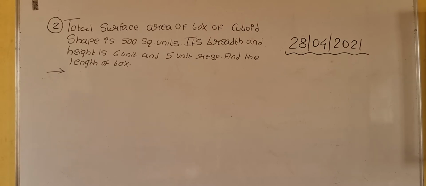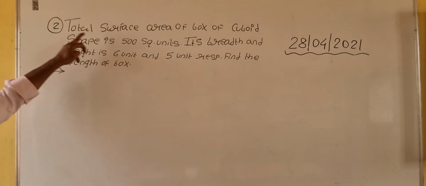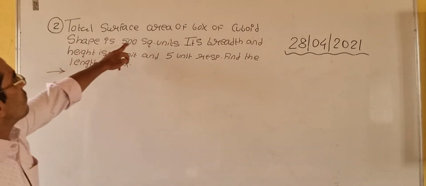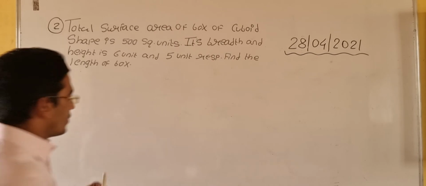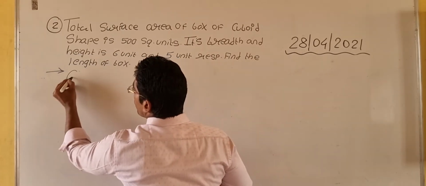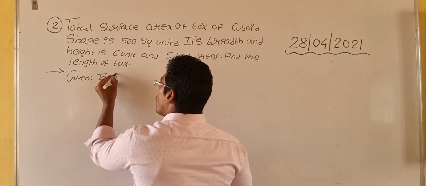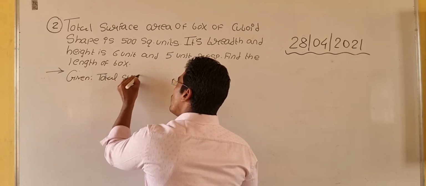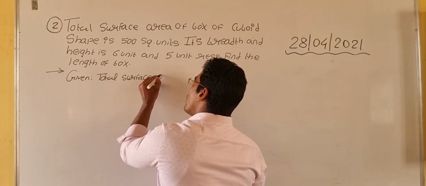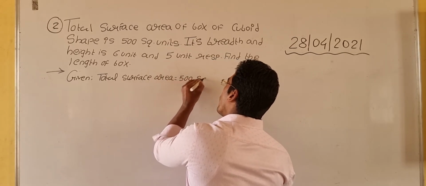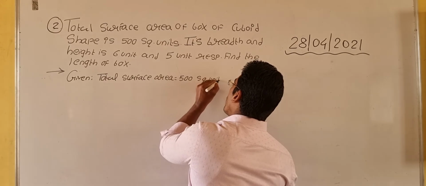Now let's see the second sum. In the second sum, what is given to us? The total surface area of a box of cuboid shape is 500 square units. So given: total surface area is equal to 500 square units.